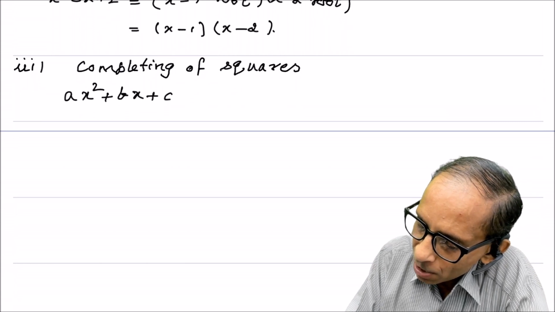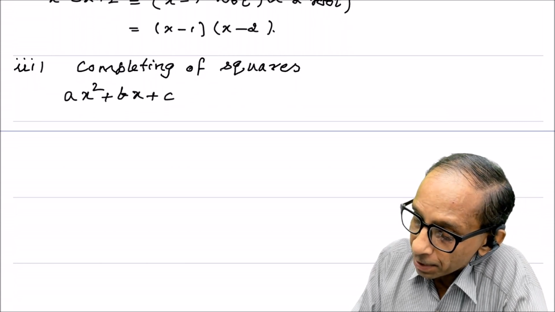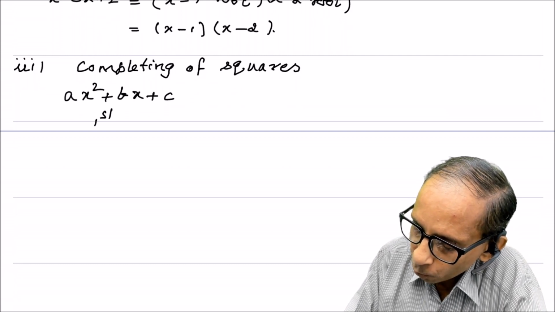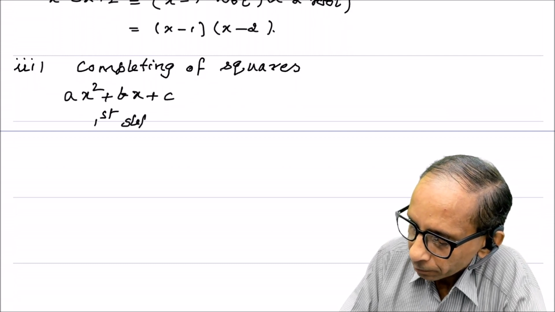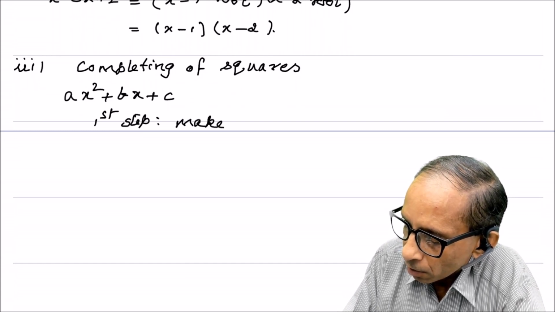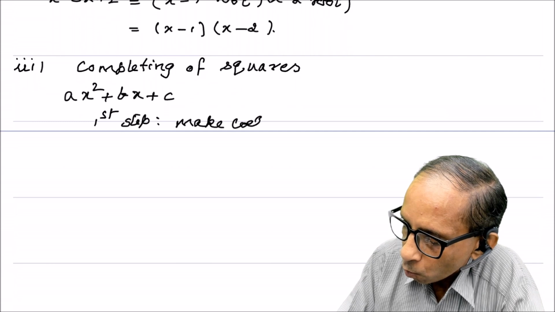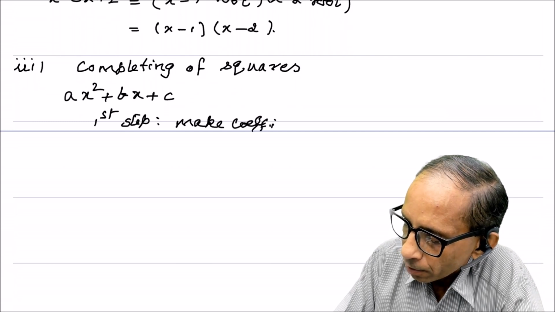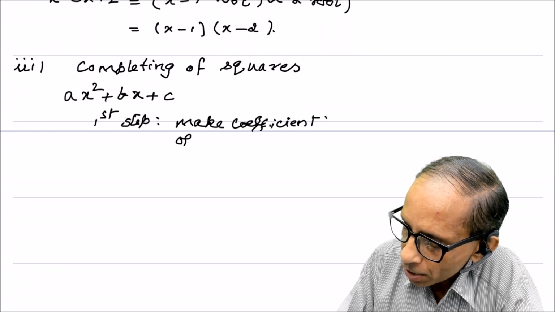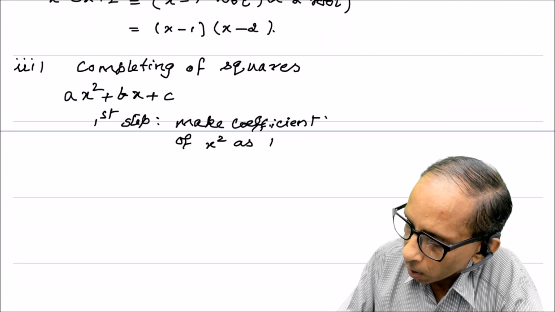If we are given this quadratic ax square plus bx plus c, the first step is to make the coefficient of x square as 1.